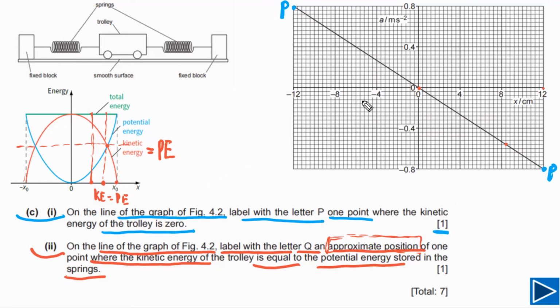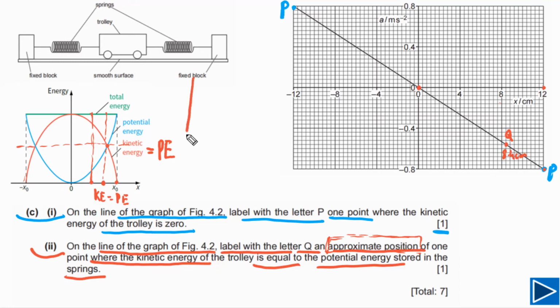So we have zero displacement here and the maximum displacement here, and the value of the maximum displacement is 12. So the approximate value of displacement when kinetic energy is equal to potential energy has to be close to 8. So in this case we can mark this point. Actually this is the exact point. This is 8.4 centimeters, and this one we can also calculate.